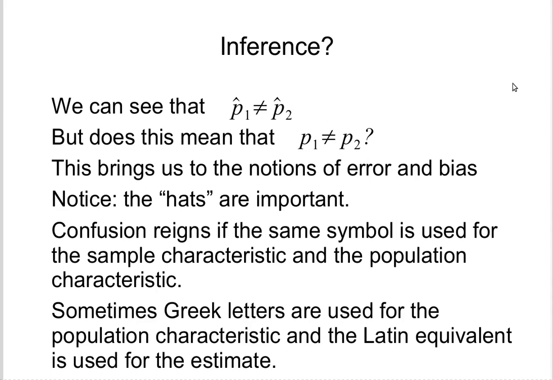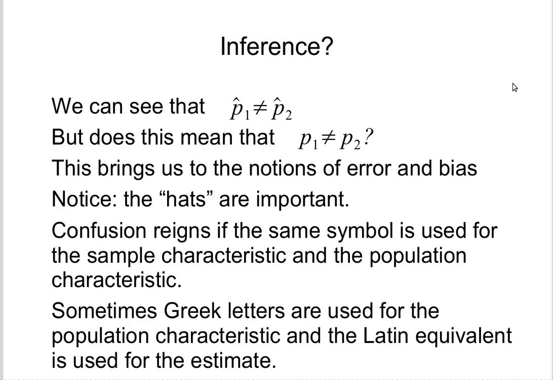Keeping in mind, in epidemiology and biostatistics, it's important to use different symbols for the population characteristics, here the probabilities, and the sample characteristics, or characteristics computed from the data. So when we have an estimate, we need an estimate of what?